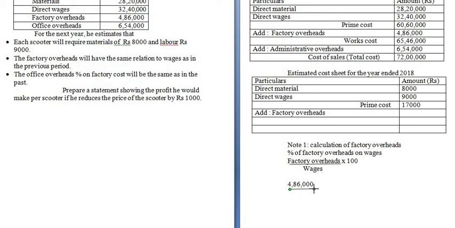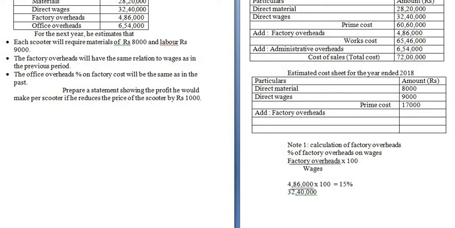Okay, direct wages. Now direct wages amount is how much? 32 lakhs 40,000. Okay, yes. Now into 100. Okay, now calculate it. So how much you will get? You will get 15%. Calculate this. You will get 15%.